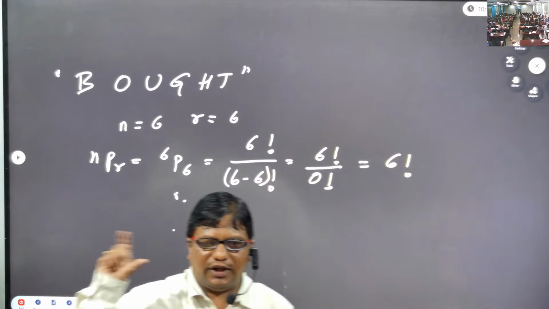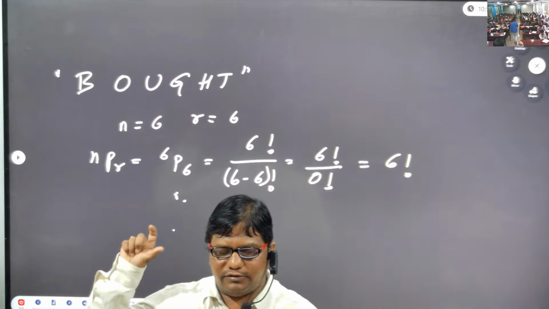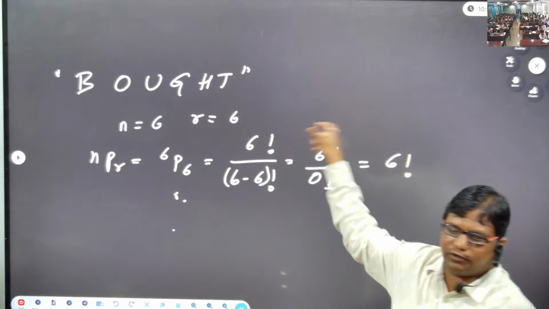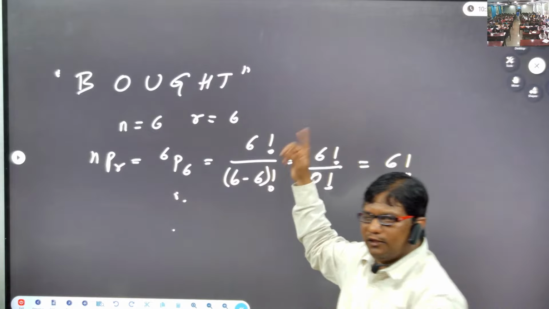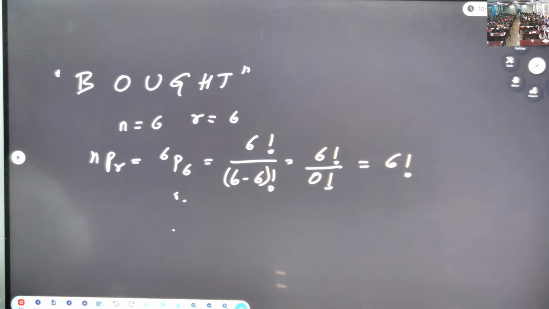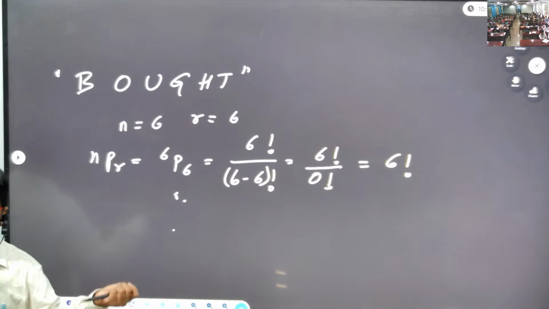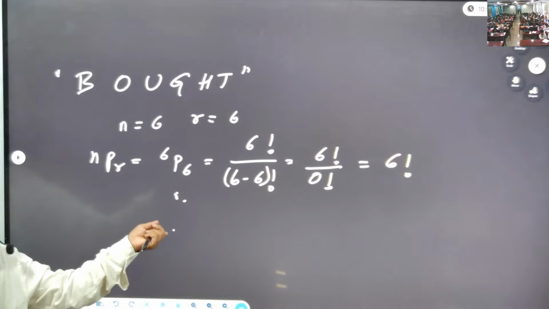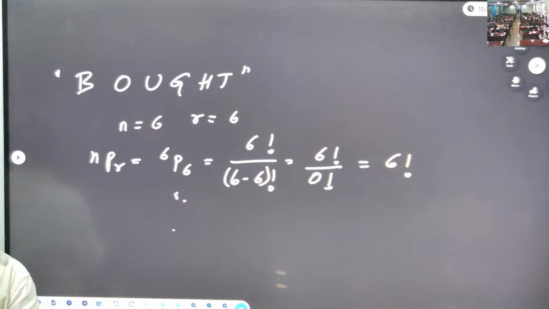How many different words we are going to get from the word? That is a 6 letter word. So N is 6, R is also 6. We have substituted in NPR, that is 6P6.